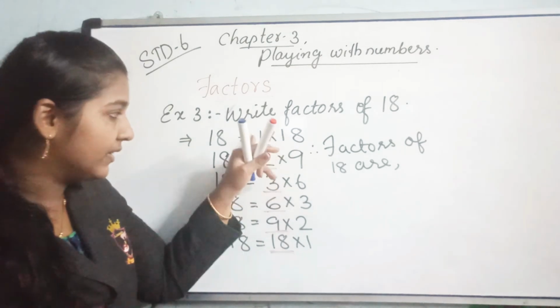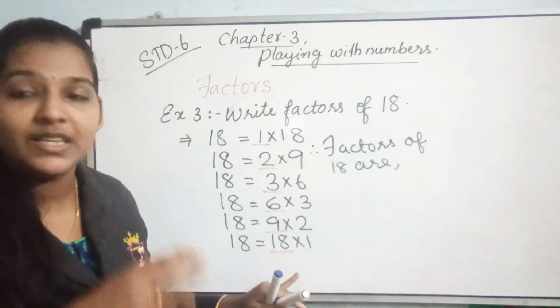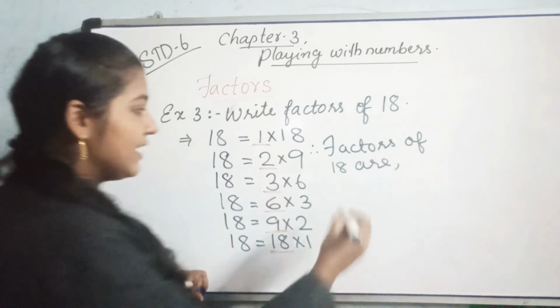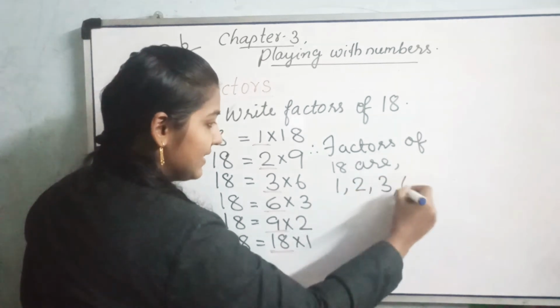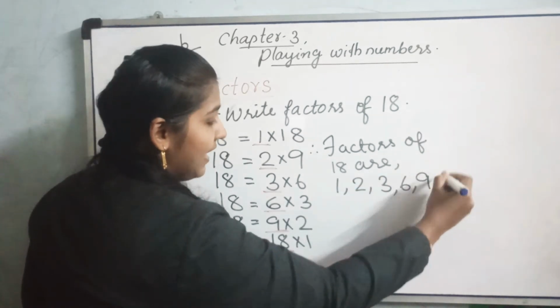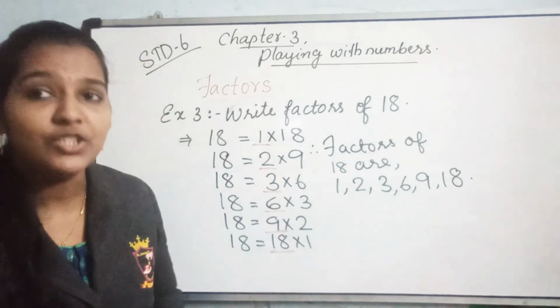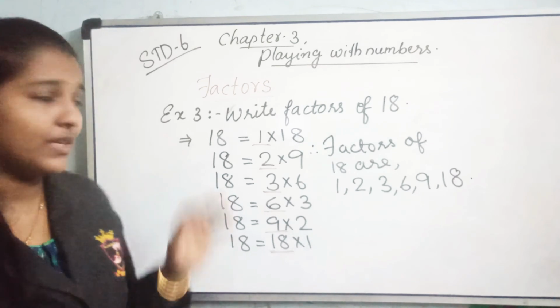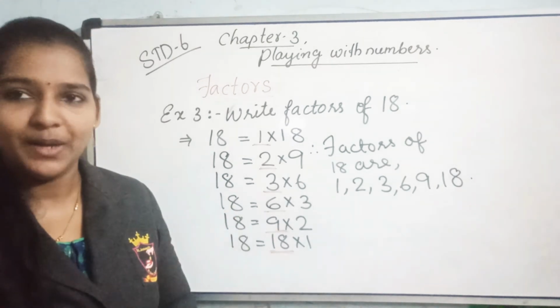And by using these numbers, you can divide the number 18 exactly. So the factors are 1, 2, 3, 6, 9 and 18. These are the factors of 18. Got it, children?